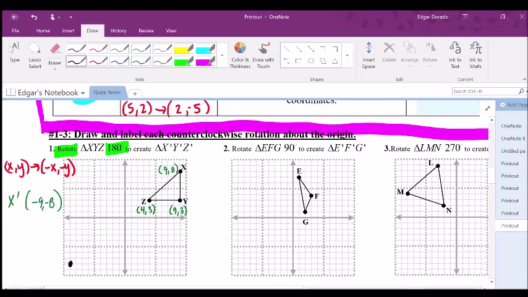Okay, and then I'm going to go ahead and do my Y prime. Well, that was (9, 3), so it's going to be (negative 9, negative 3). And then finally my Z prime. It was (4, 3), so now it's (negative 4, negative 3).